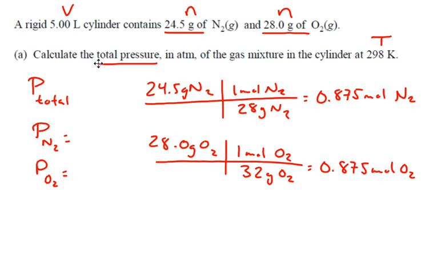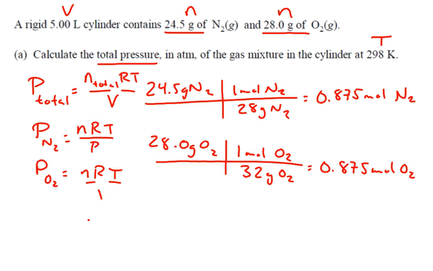You could plug in nRT over V and nRT over V, or you could do n total RT over V and do it once. Why are you putting P on the bottom? I don't know. Doing it wrong, Kyler. Thank you. So, know that you can do either one.